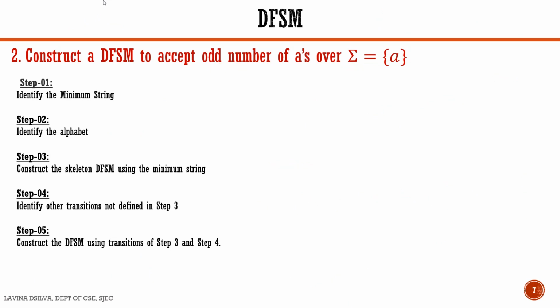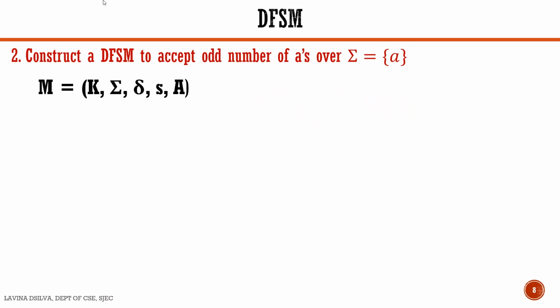Therefore, a DFSM to accept odd number of A's is given as Q0, the first state. You see the second state here, so it is Q1, and this is our final state. On Q1, if you see an A, you go back to Q0. Therefore, M is given by K is equal to, we have two states, that is Q0 and Q1.